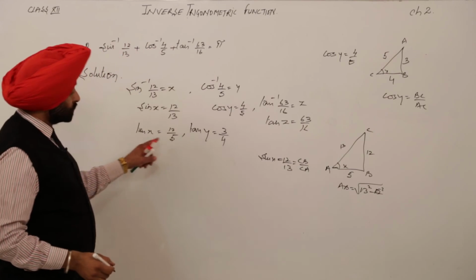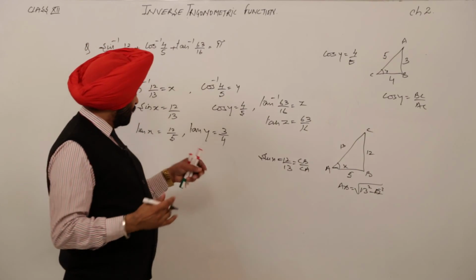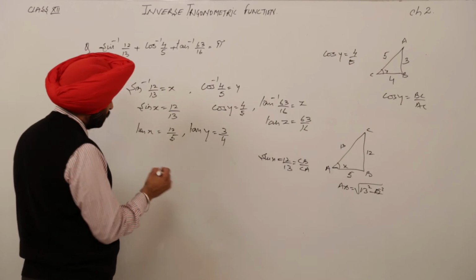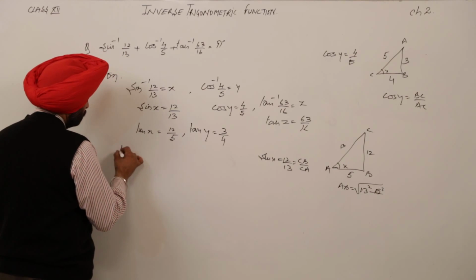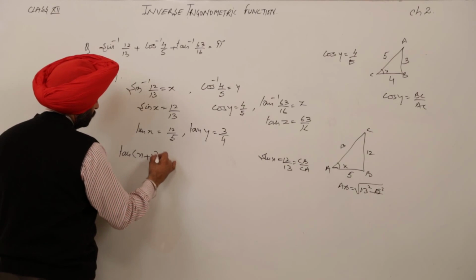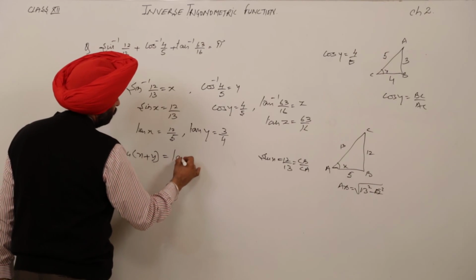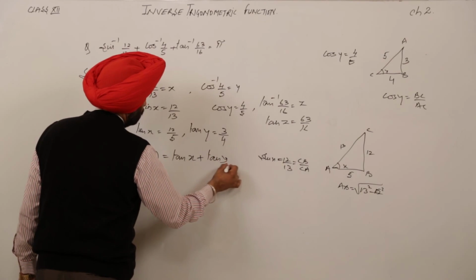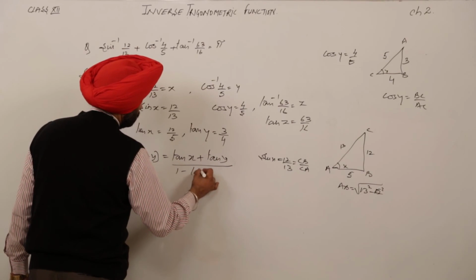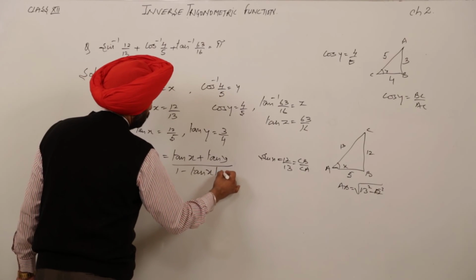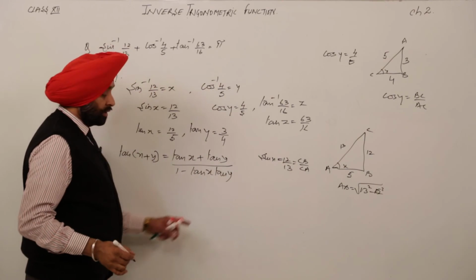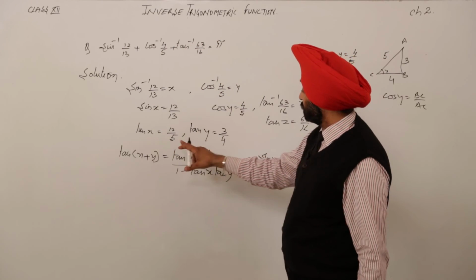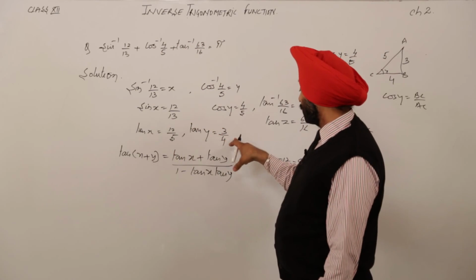Now using these two, let's see what we are getting. Earlier in class 11 we did the formula tan of x plus y is equal to tan x plus tan y upon 1 minus tan x tan y. Now I am putting the values: tan x is 12 by 5, tan y is 3 by 4.